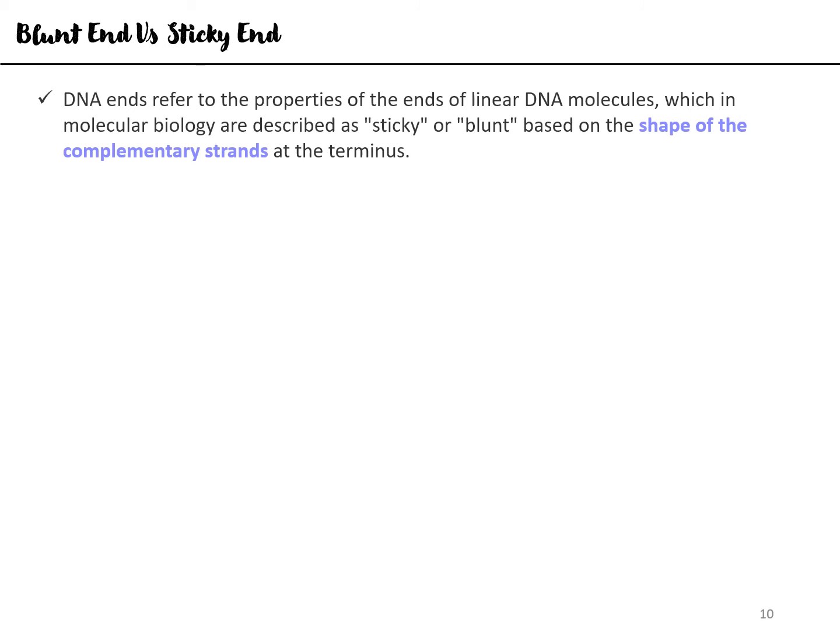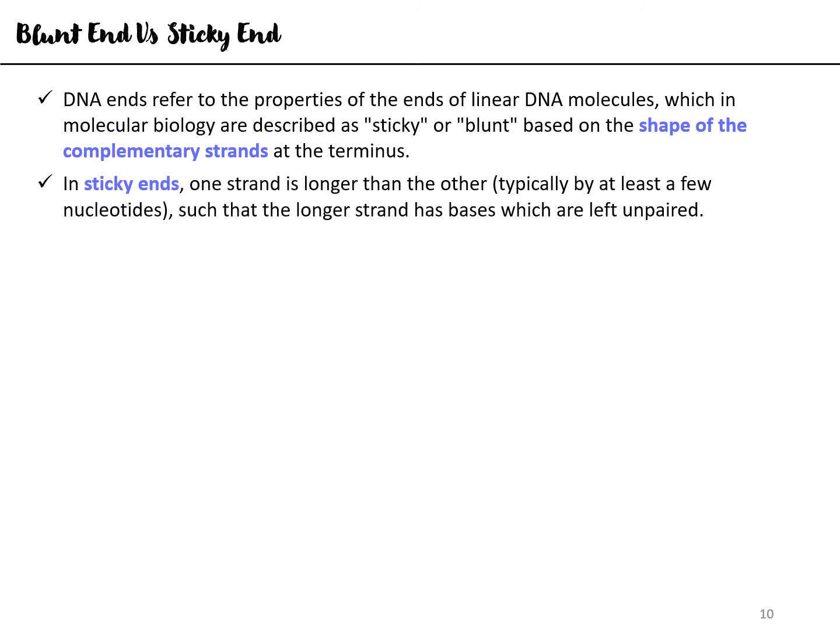So a little bit about blunt end versus sticky end. DNA ends refer to the properties of the ends of linear DNA molecules, which in molecular biology are described as either sticky or blunt based on the shape of the complementary strands at the terminus. So what does that mean?